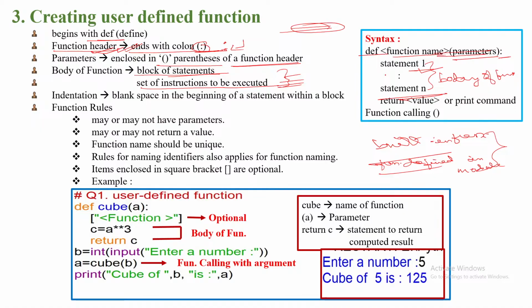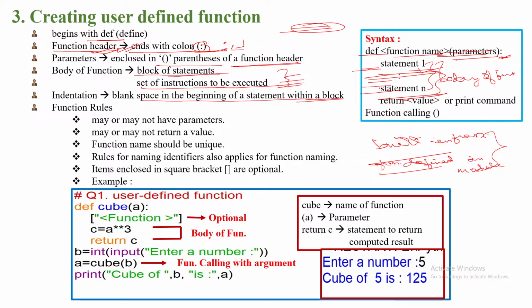Sometimes it is one statement, sometimes 2 statements, maybe 5 statements, depending on that particular function's execution part. Then indentation is blank space at the beginning of a statement within a block. Whenever this colon starts, the block starts, meaning space is taken from the beginning.